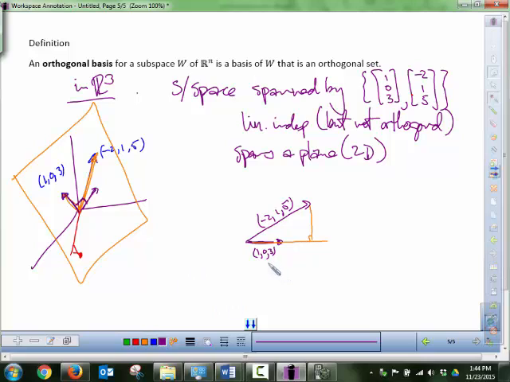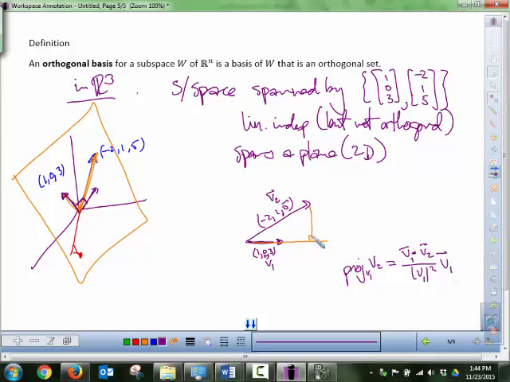So let's start calling this V1 and V2. The projection of V2 onto V1 is what? V2 dotted with V1, divided by the magnitude of V1 squared, times V1.